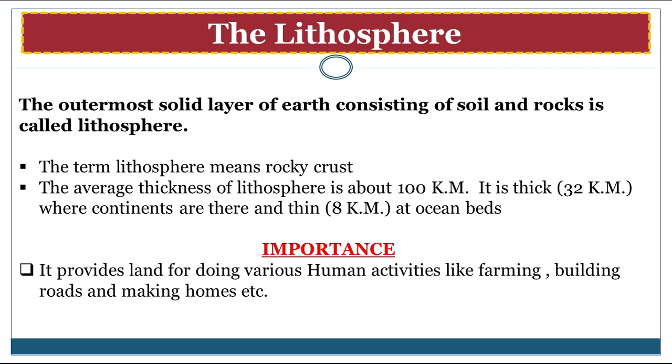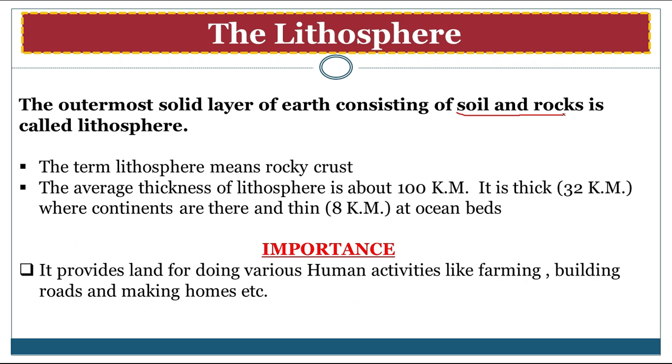So what is the meaning of the word lithosphere? Lithosphere means the outermost solid layer of earth consisting of soil and rocks. As you know, our earth has different layers like the crust, the mantle and the core, and lithosphere is the part of the outermost layer of the earth which has the soil and the rocks.